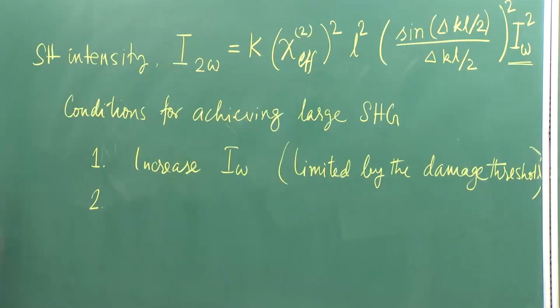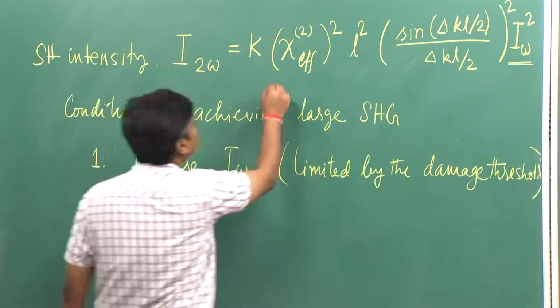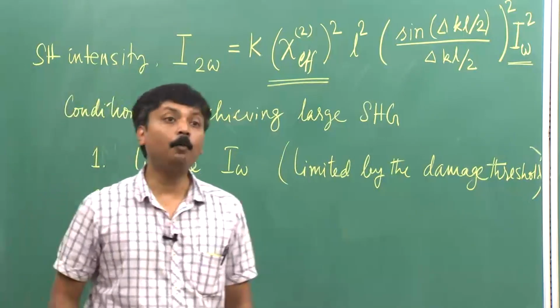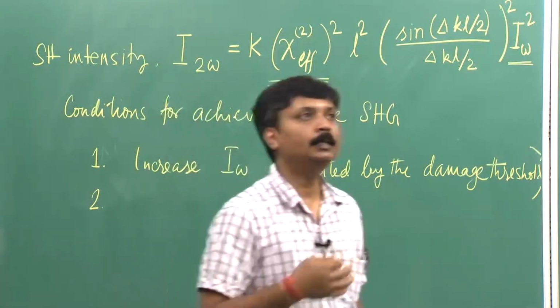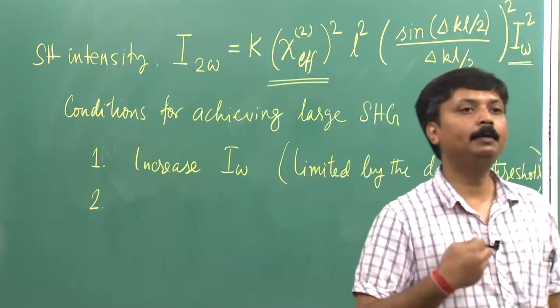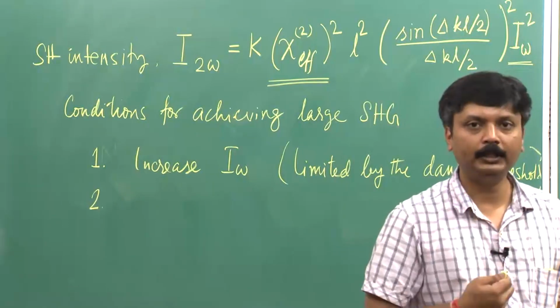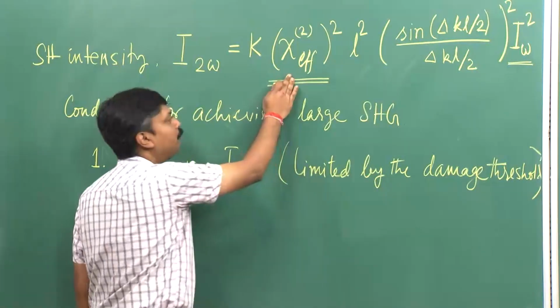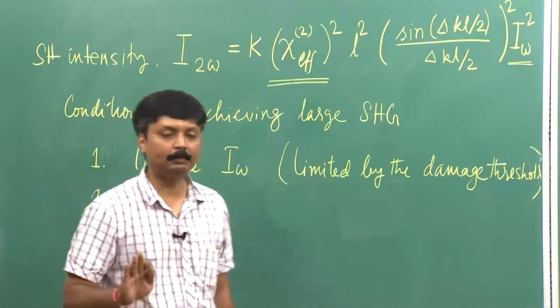The second thing that we can think of is this quantity. For a given particular material, this is fixed. Now, if I am searching for some material which will give me very high second harmonic generation, then one condition is that it should have a very high second order susceptibility.